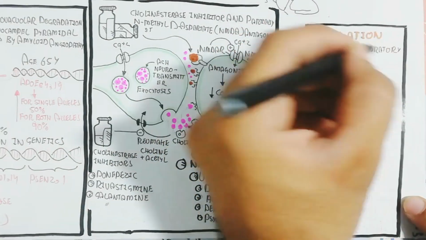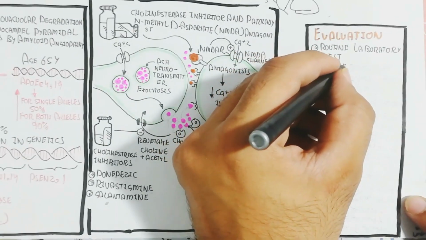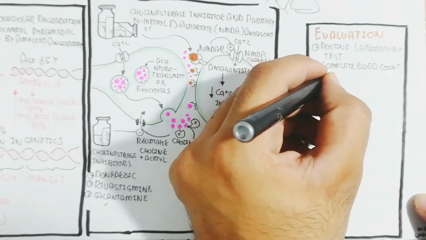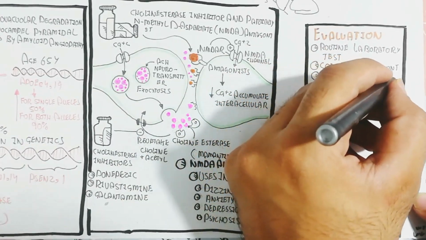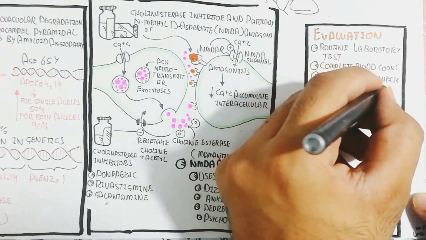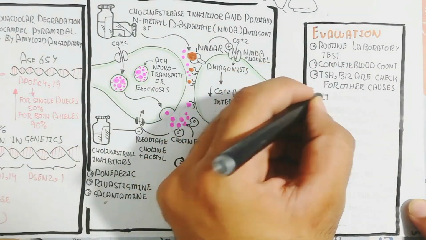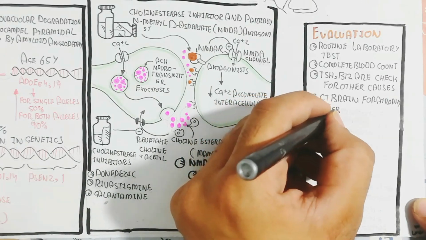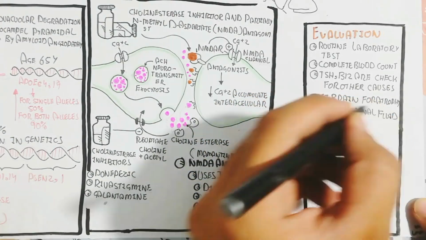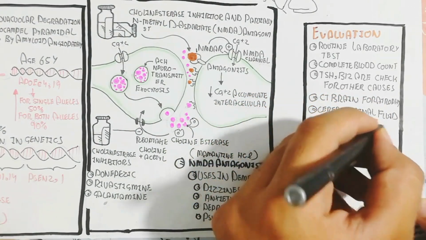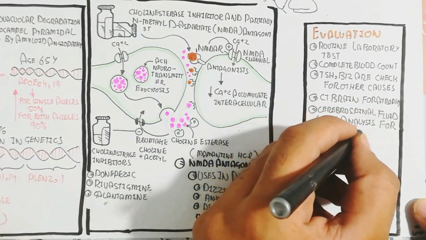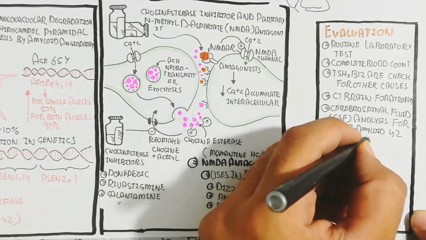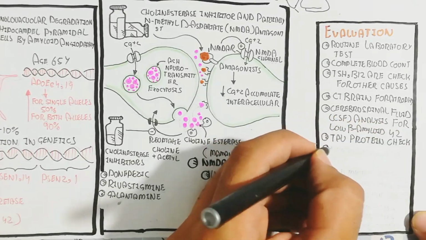So the routine laboratory tests, complete blood count, thyroid stimulating hormone test, vitamin B12 to check for other causes, CT brain for atrophy of the brain, cerebrospinal fluid analysis for low beta amyloid 42 and the tau protein, check if the tau protein is present, and neuropsychological tests.